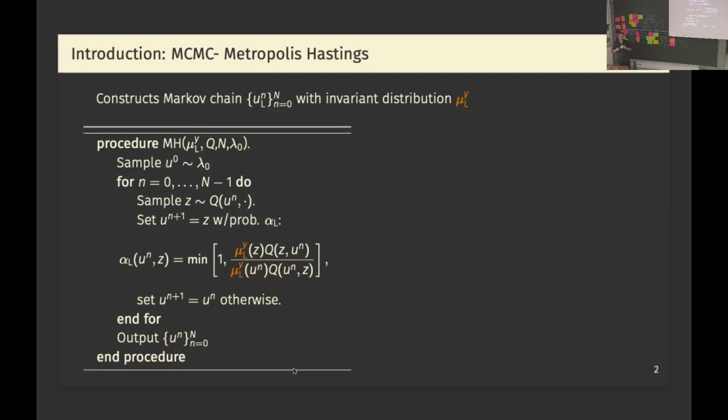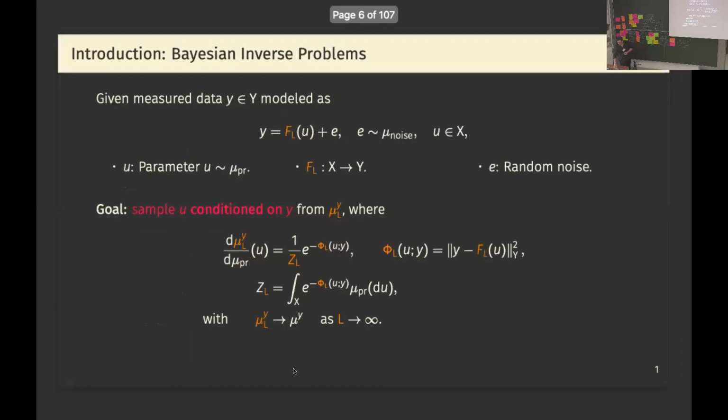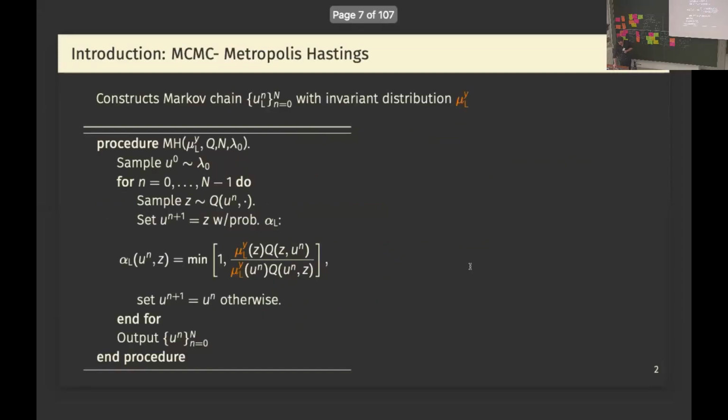And then you set this candidate state z as the new state of the chain with probability alpha L. And otherwise you reject it and stay at the current state of the chain. What's important to mention here is that to evaluate this acceptance probability alpha L, one needs to evaluate this posterior density at each new candidate state, which in turn will require that we evaluate this forward mathematical model FL here.